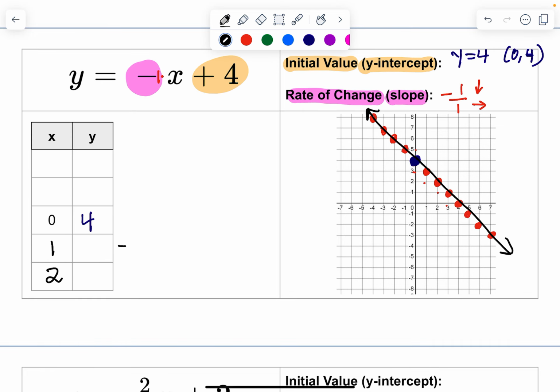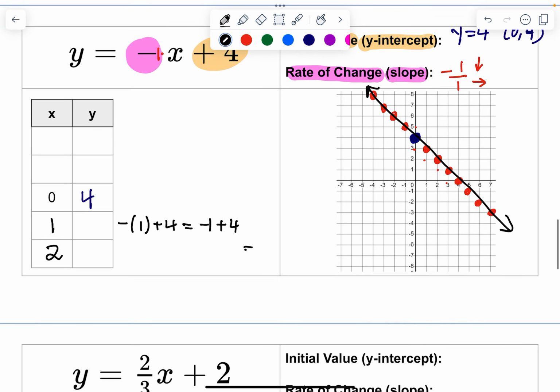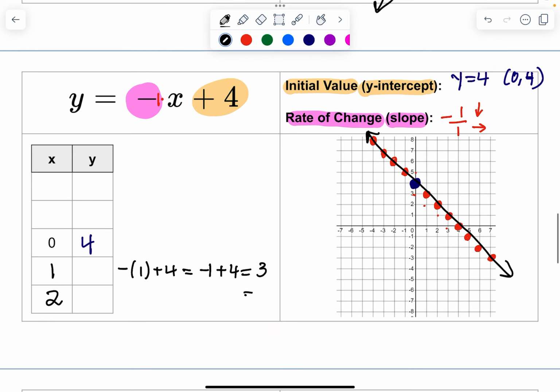When x is 1, I have negative parentheses 1 plus 4. That's just literally -1 plus 4, or 4 minus 1, which is 3. And if I look at my graph and verify, when x is 1, do I get 3? When x is 1, is the height 3? It sure is. Cool.